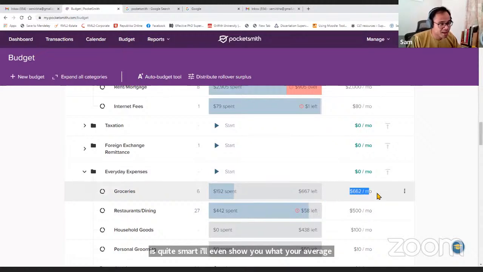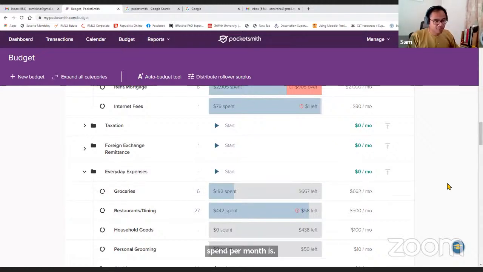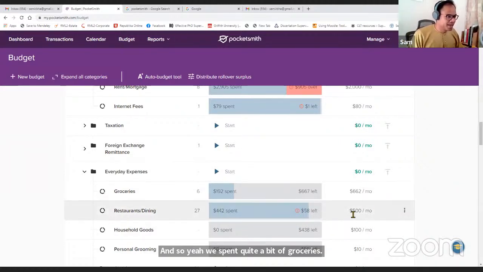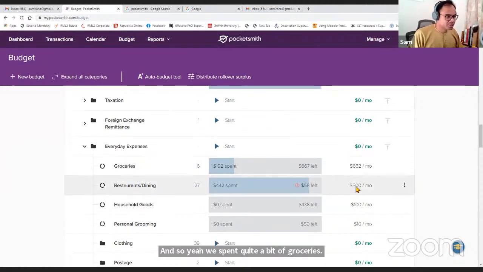So we are a household of 4. I've got 2 kids, and one of them's 10, and one of them's a really, really hungry, constantly hungry 14-year-old. And so yeah, we spend quite a bit on groceries, and I cook heaps at home as well. And restaurant and dining, we set about $500 a month. Okay, so these are 2 out of the big 4.